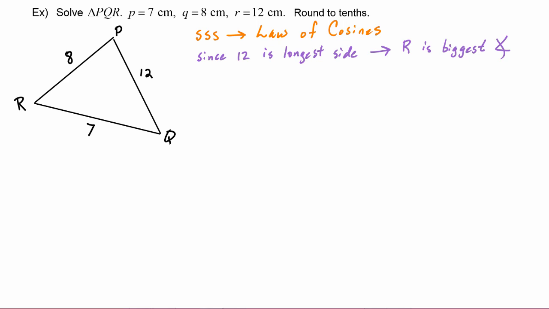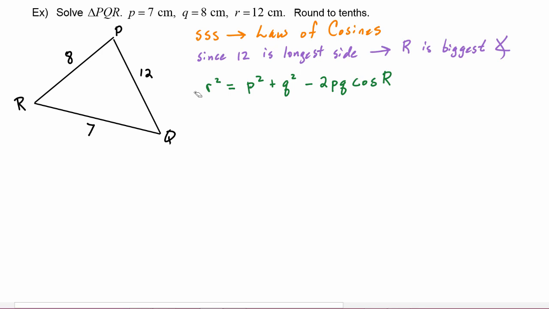If we're going to be finding the cosine of R over on the right side, then that means over on the left side all by itself, we want to have its opposite side, little r, which would be 12. So we're going to put r squared is equal to p squared plus q squared minus 2pq cosine of r, because the r's have to be the bookends.